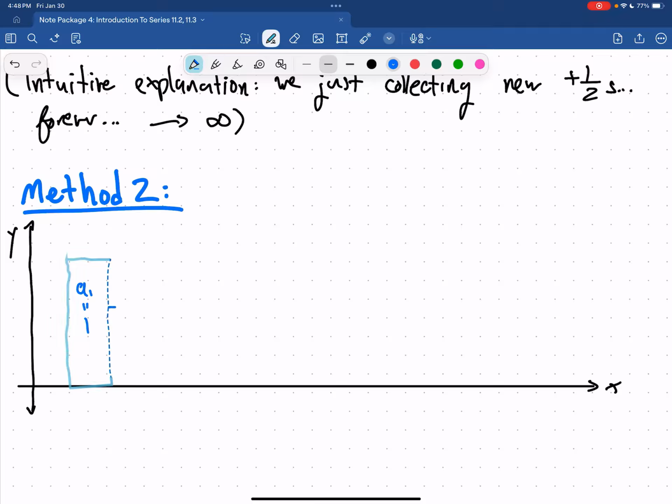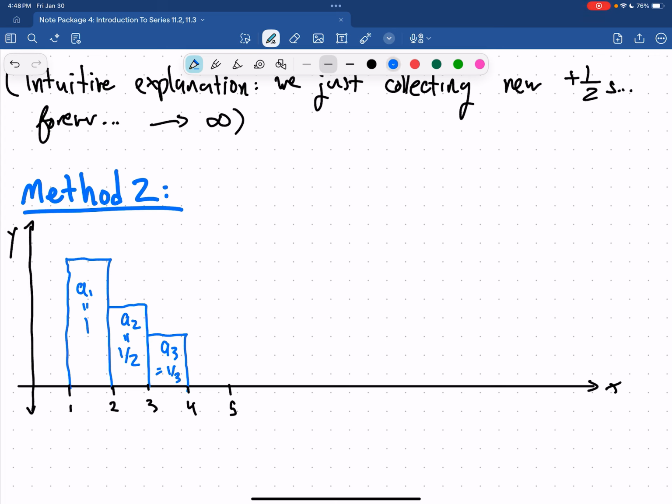Then if that's A1, A2 would be equal to 1/2. A3 would be equal to 1/3. Where I'm just saying that the width of each of these is like 1. Think of it as like when we do a left endpoint situation with integration. And indeed, we will be comparing this to an integral.